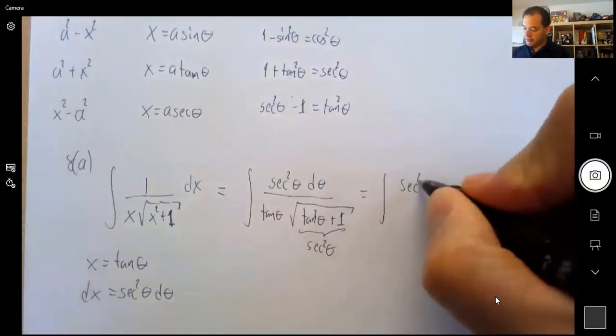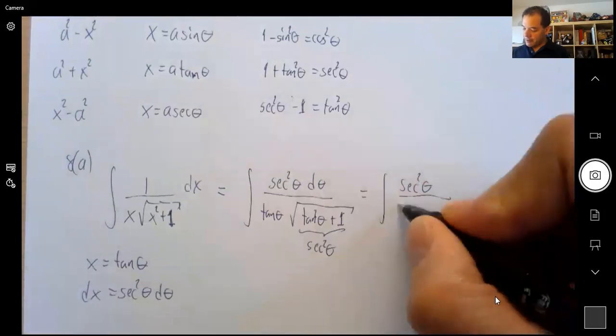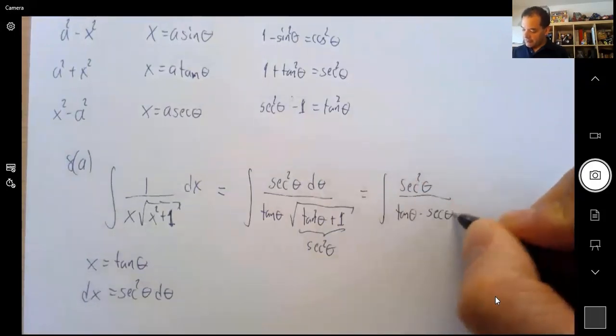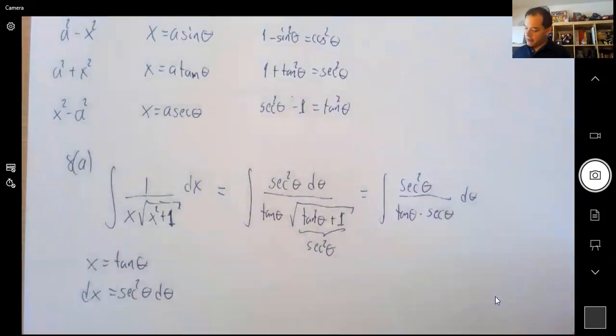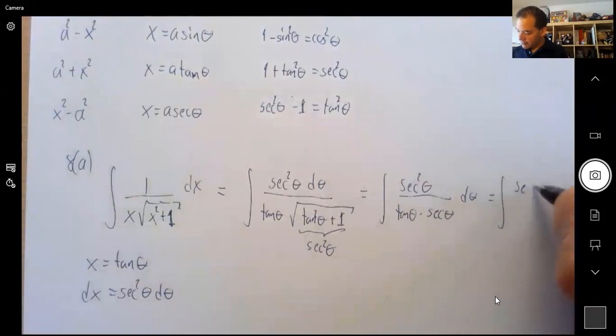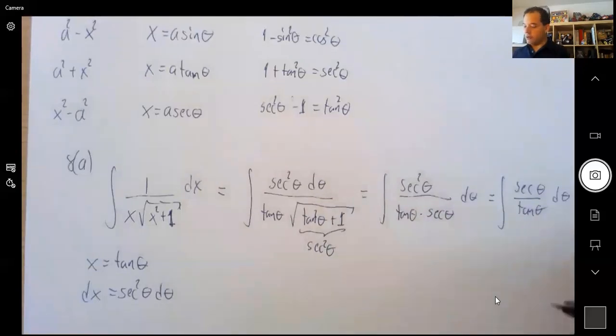So now you have secant square over tangent, secant, just a single secant. Then you simplify it. And so you have secant on top, tangent in the bottom. And then you need to now solve this new integral, which at least has the benefit of having no square roots, right? We won, because there are no square roots.